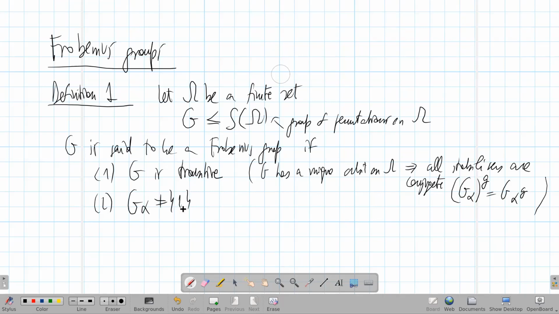And here you can quantify as you prefer. I mean, you can say for all or for one, because they are all conjugates, say for all alpha in omega, okay?